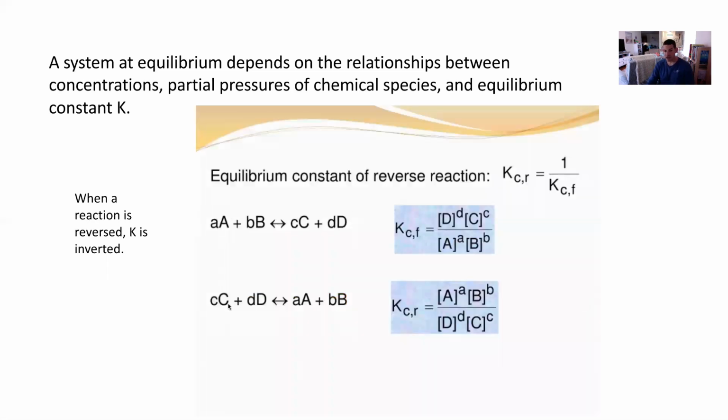So here they actually write out the reaction backwards. Whatever you got for K for the initial reaction, if you were to completely flip it, the value of K would be the inverse, which should make sense because you should always be writing K based on products divided by reactants for however the reaction is listed.